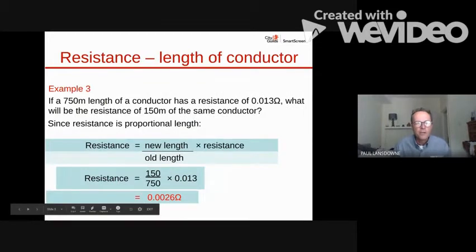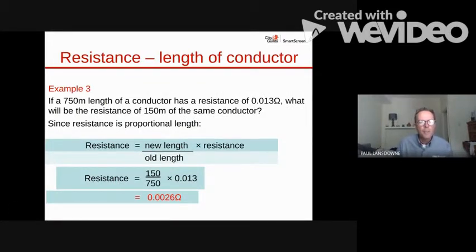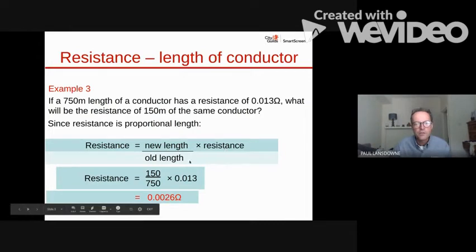This is a slightly different example where we go smaller. We've got 750 meters of conductor and it has a resistance of 0.013. What will the resistance of 150 meters of the same conductor be? Once again, it's proportional and we have a new length, an old length and resistance.